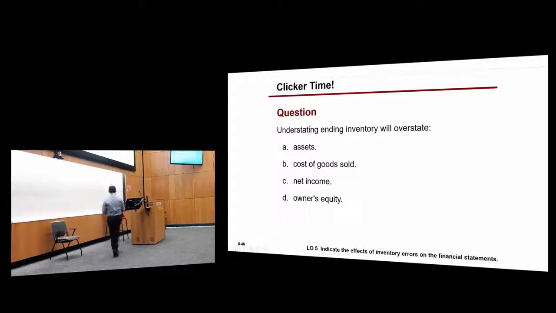I'm still going to ask that question. Understating ending inventory. You only have 30 seconds to answer it. Okay, 45 seconds. Understating ending inventory will overstate assets, cost of goods sold, net income, owner's equity.